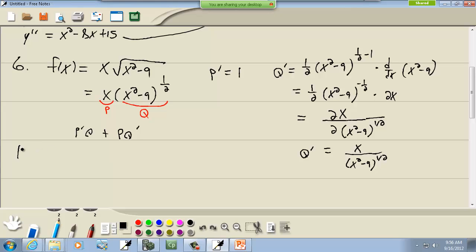So for our first derivative, P prime we just said was 1, times Q, which is x squared minus 9 to the 1/2, plus P, which is x, times Q prime, which is the x over x squared minus 9 to the 1/2.